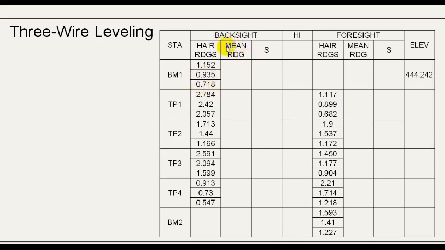Then we have columns for the mean reading, S, the stadia intercept, and HI, the height of instrument or elevation of our line of sight. Next, for the foresight, we have the hair readings: the upper, horizontal, and lower stadia hair readings. Then the mean readings, S, the stadia intercept, and lastly the elevation.